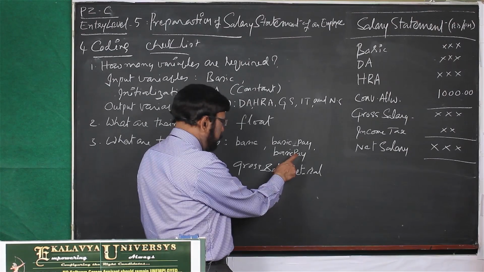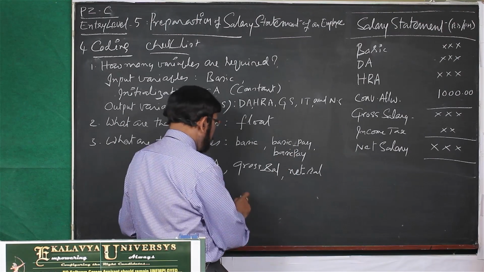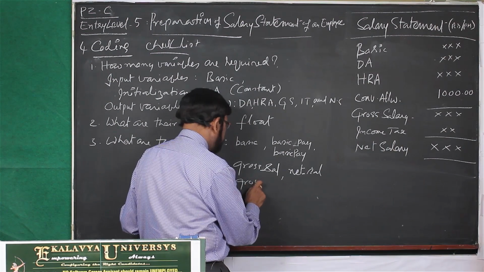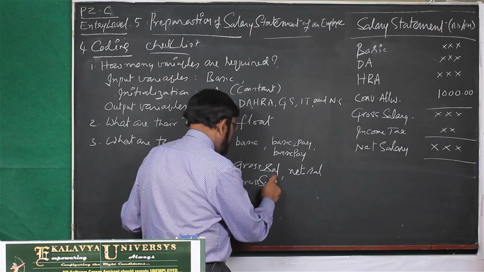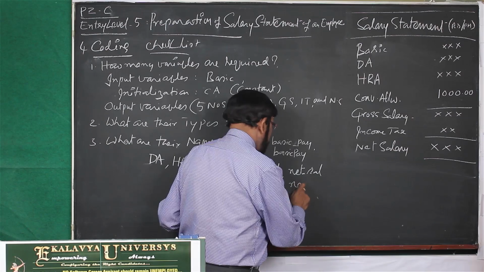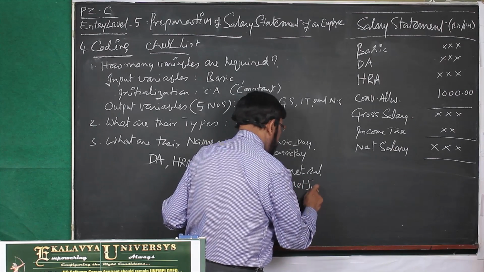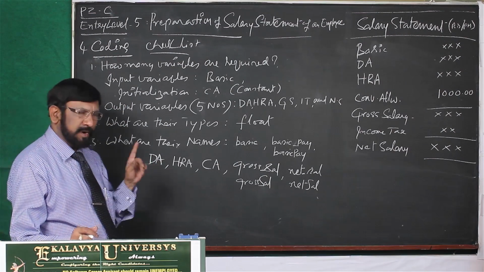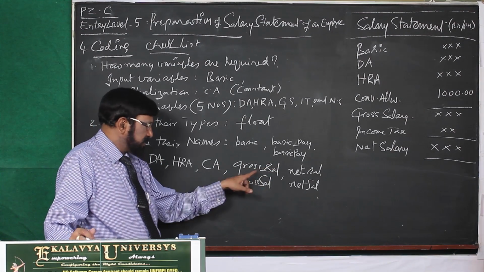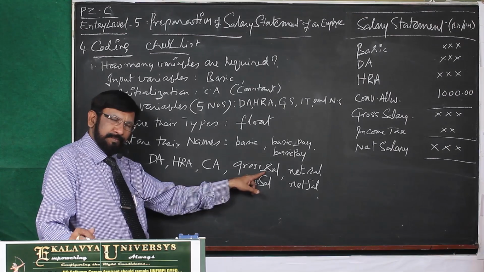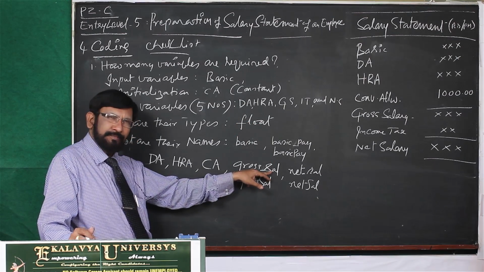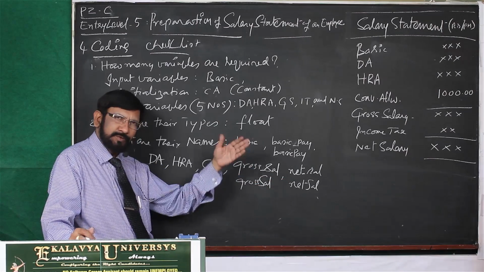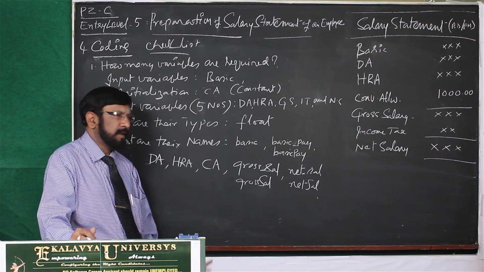Otherwise, if you want to write it according to camel notation, how can you write this? grossSalary, netSalary. Like this you can write. This option is yours, but the only thing is, if you like this style, throughout the program for similar elements, you use the same style.